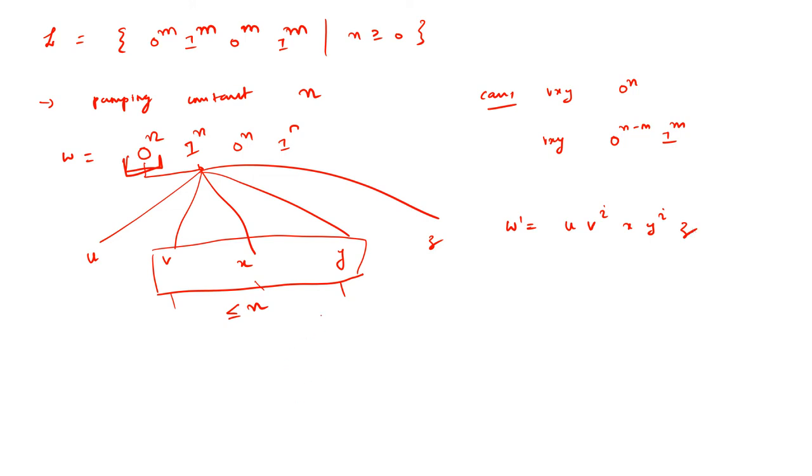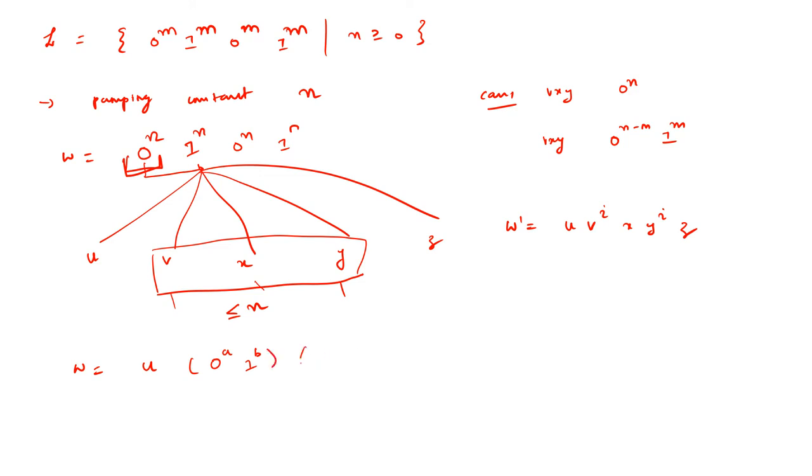Now, no matter how you make this partition, I can write the string as w equal to u, then v can be represented as 0 power a, 1 power b, 0 power c.